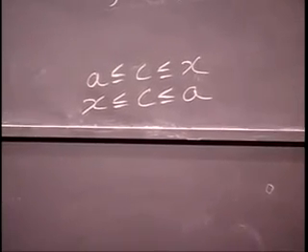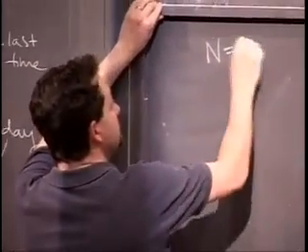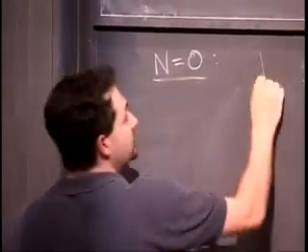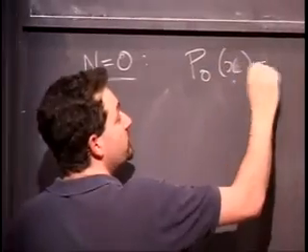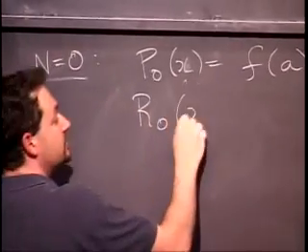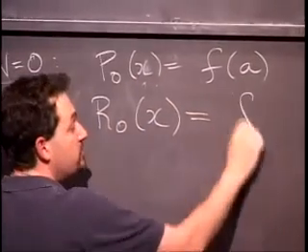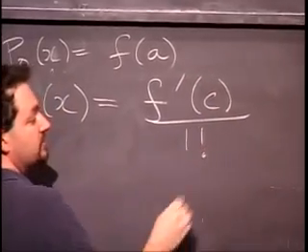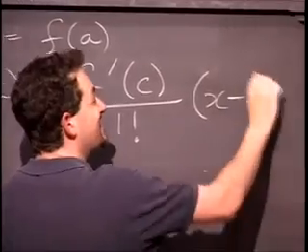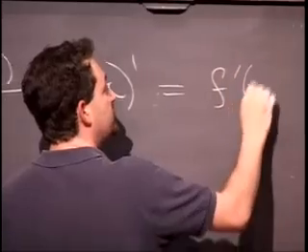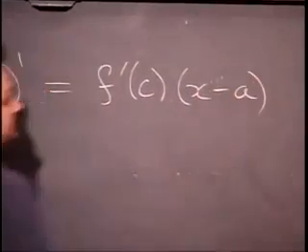That's all that means. Now, what happens if n equals 0? Let's just put this in context here. Suppose n equals 0. Well, P0 of x is just the first term, f of a. Whereas according to the formula, R0 of x is the first derivative at c divided by 1 factorial times x minus a to the 1, otherwise known as f prime of c times x minus a.